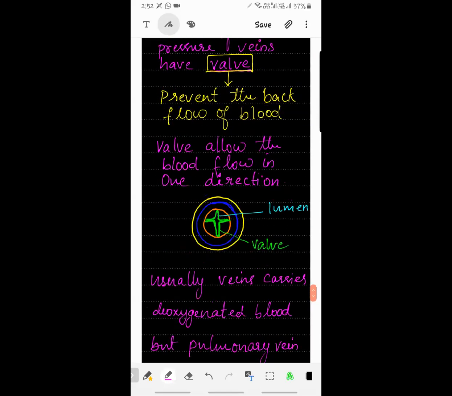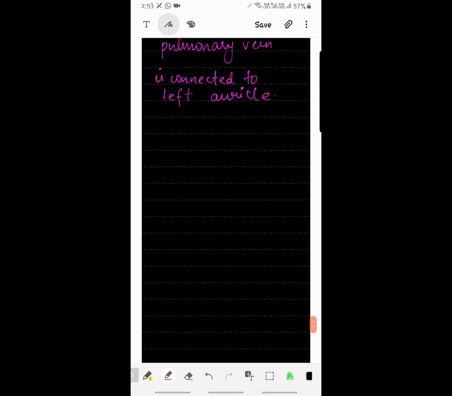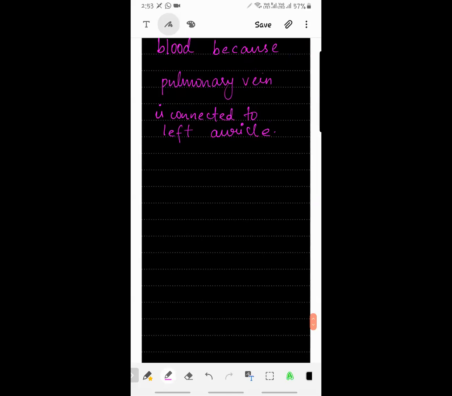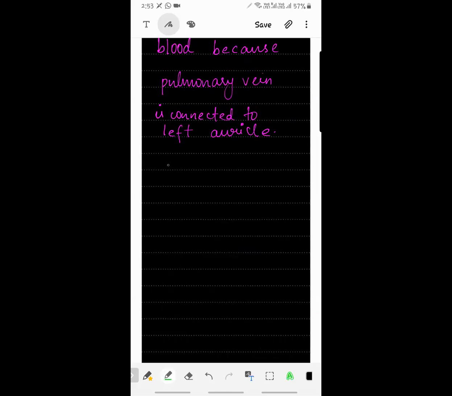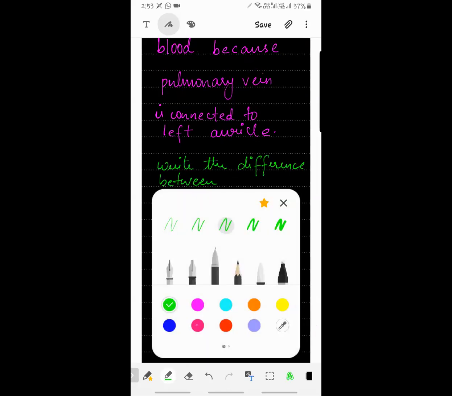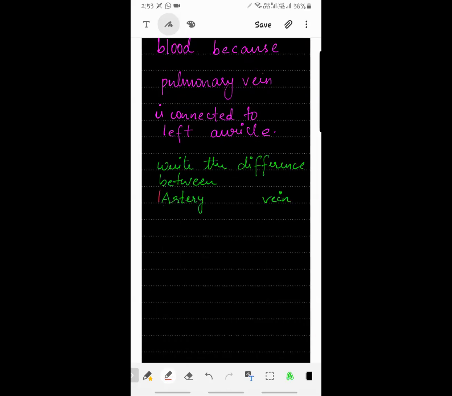So I hope you understood so far. Can you differentiate between artery and vein? One homework I'm giving you. Write the difference between artery and vein. Whenever you write a difference between, you should write in this way.